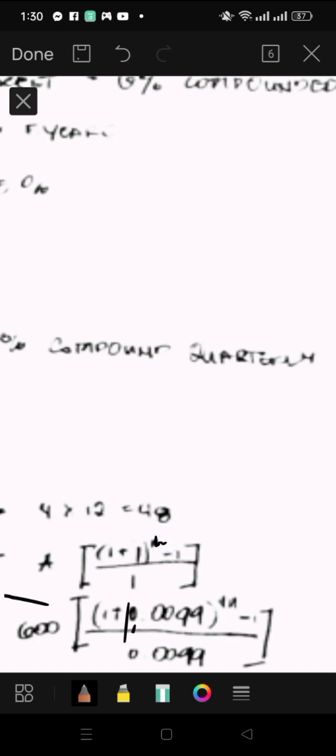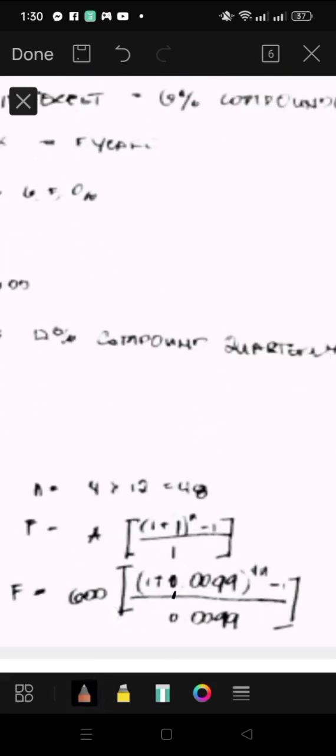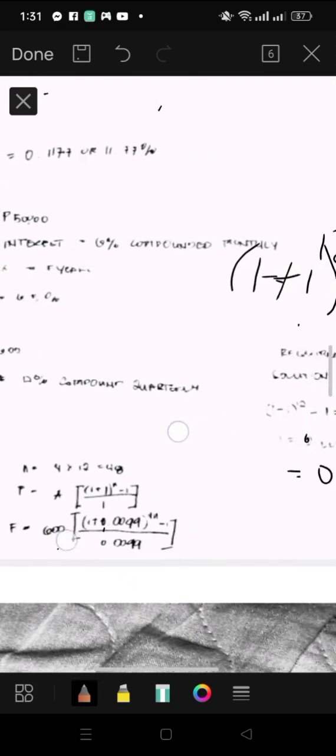F equal to 600, quantity of 1 plus 0.0099 raised to the power of 48 minus 1, over 0.0099. Then the final answer is 3,636,641. So that is the final answer.